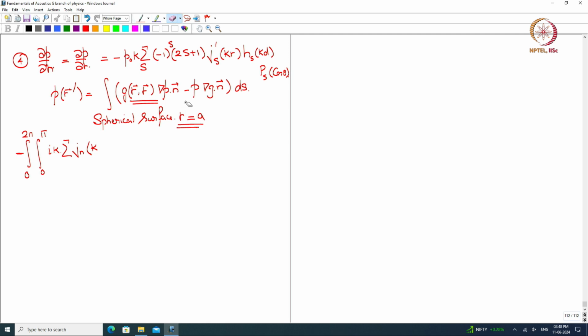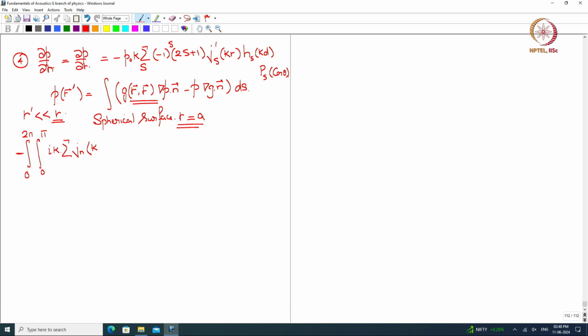Okay. So let us see, we are going to inquire at r dash, and r dash will be less than r, okay, and that is why the expansion for r dash has a Bessel and r has a Hankel, okay, and r is the integration on the surface. So where we have r, it will become a, okay.